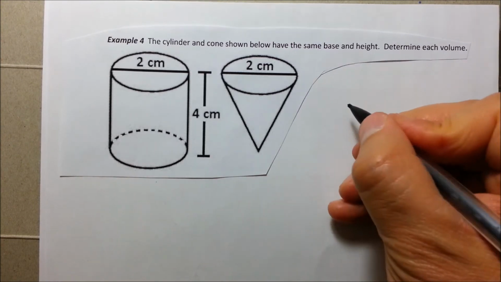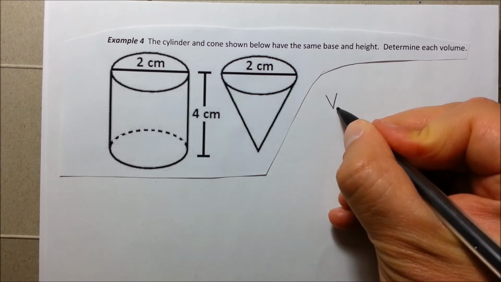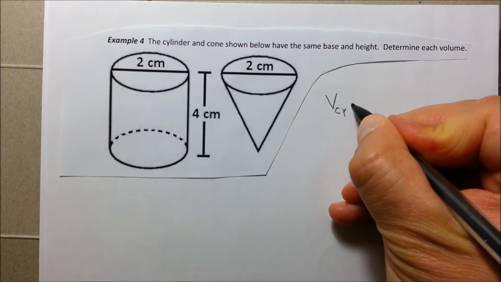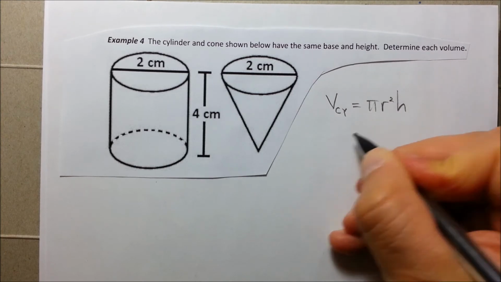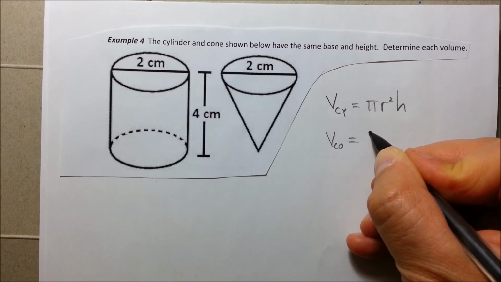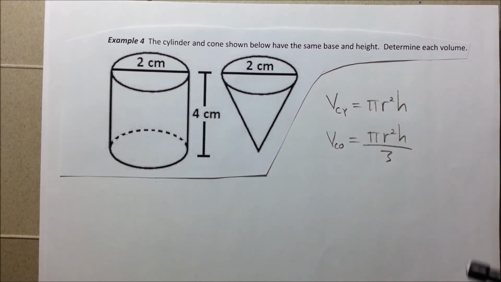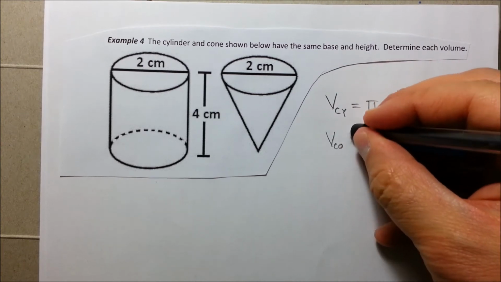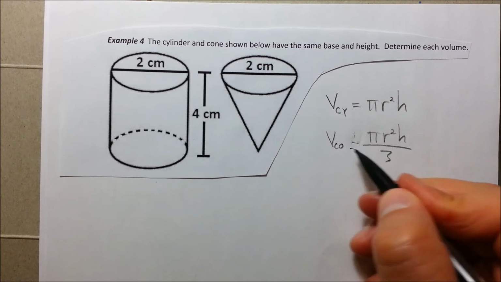So volume of the cylinder is equal to pi r squared times height. And the volume of the cone is equal to pi r squared times height divided by 3.